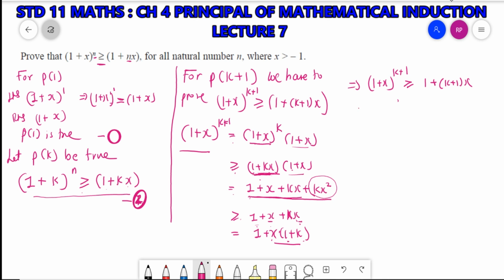So this means that P of k plus 1 is true in this equation 3.